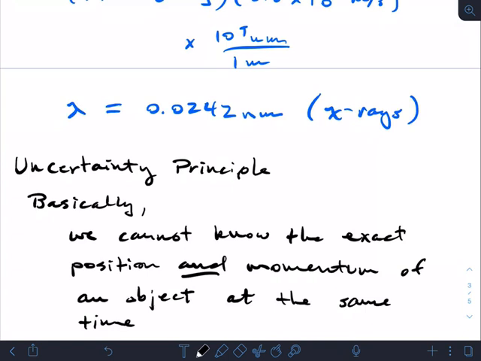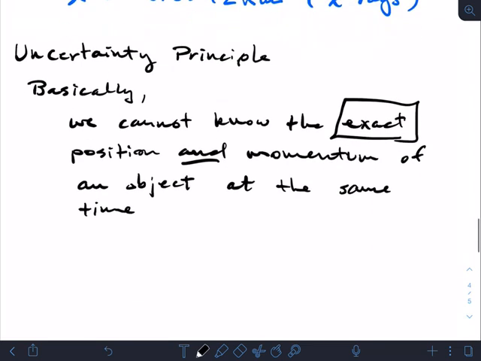Okay? The important part about that is not only the and, but this bit, the exact part.